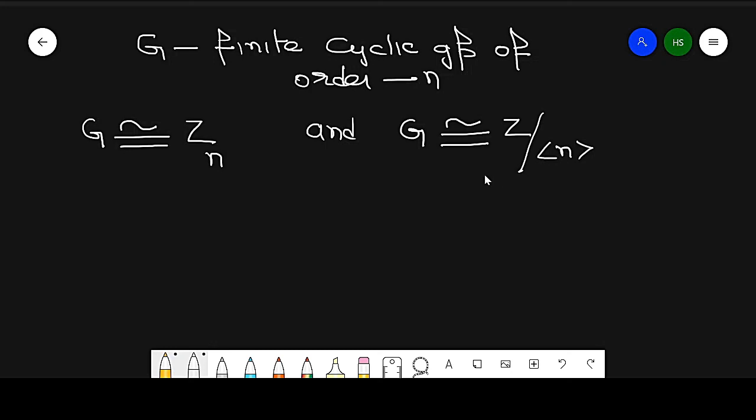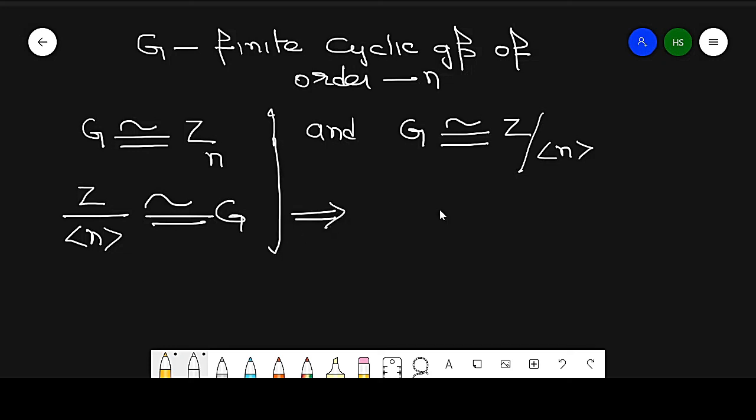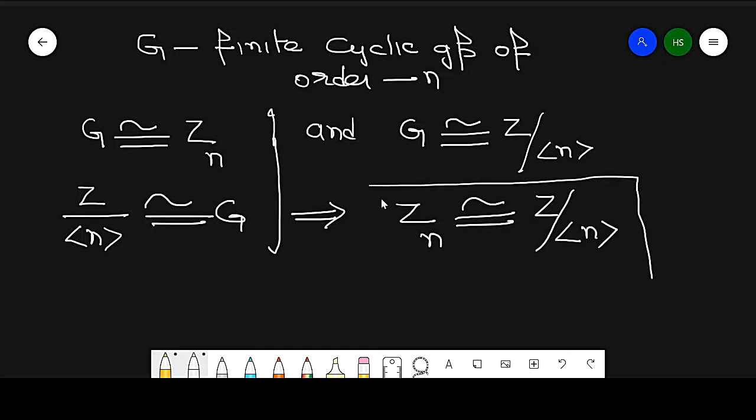So we prove these two things. Since isomorphism is an equivalence relation, this can also be written as Z by generated by n isomorphic to G. So from these two results, we get Zn isomorphic to Z by generated by n. So this is my next result.